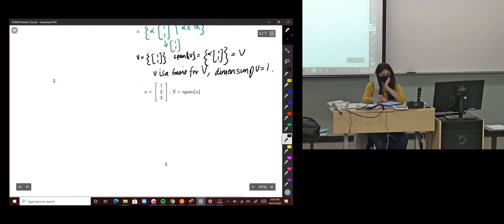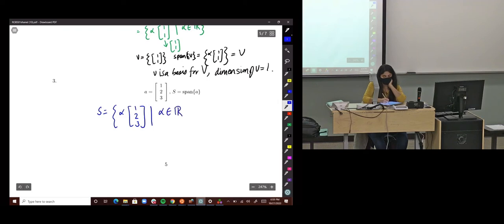Yeah? So by the same logic, let's say I defined a vector A, and then my set S is the span of A. So then S is just alpha times (1, 2, 3), where alpha is a real number.